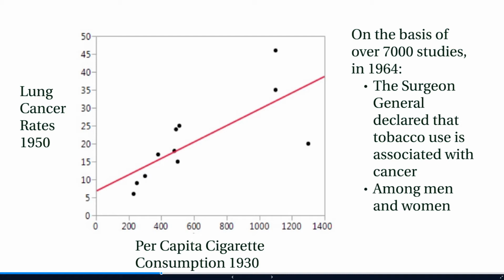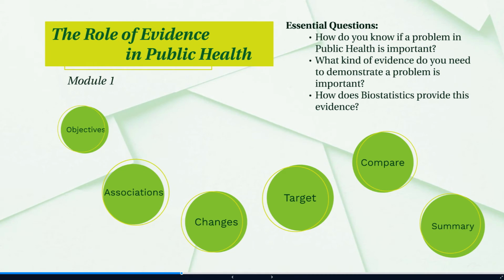And this was on the basis of 7,000 studies done in 1964. And ultimately, the Surgeon General here finally declared that tobacco use is associated with cancer among both men and women. So it took an accumulation of evidence to show a public health threat or an association between smoking and lung cancer.